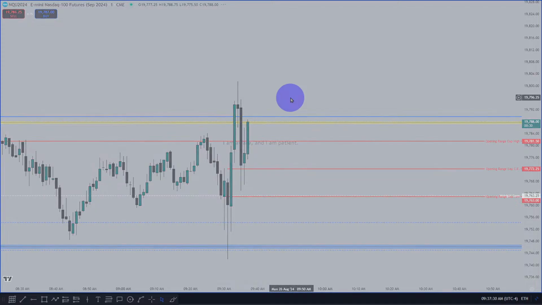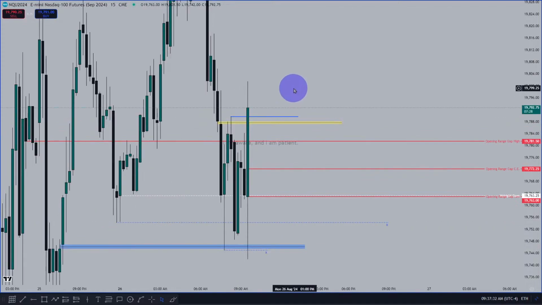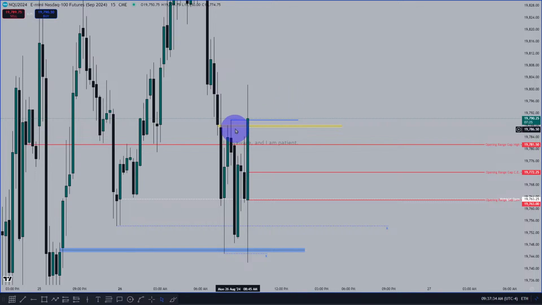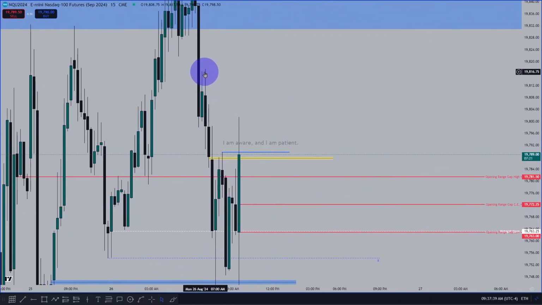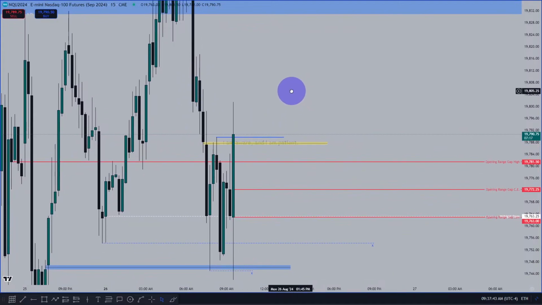I want to see how price treats that level. Let's hop back on the 15 minute. So we still have time to close above this high. And you know, the rejection off of this block here, this mitigation block, not the best, but this market shift here would still invalidate this.